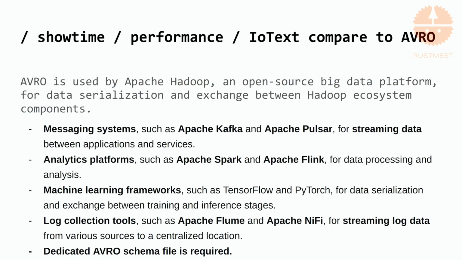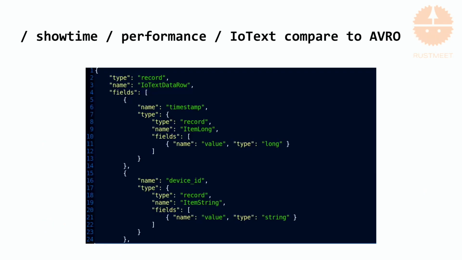There is Avro. Avro is a typical protocol for the Apache Hadoop ecosystem or the data engineering world. It is very popular in messaging systems like Apache Kafka, Spark, Pulsar, and Flink. A dedicated schema is required too, so you have a definition.